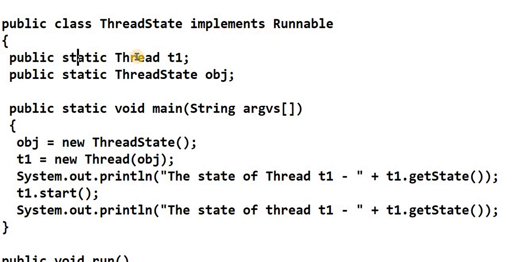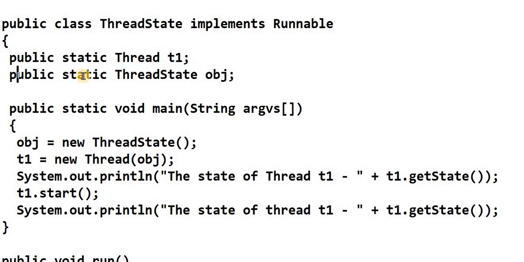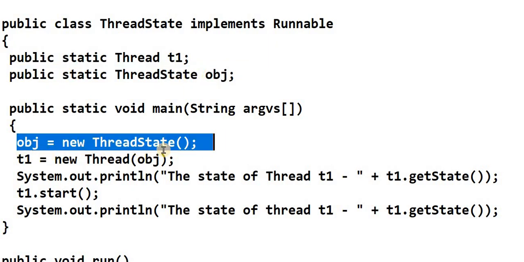Public static Thread t1, public static ThreadState obj. Here we are creating the object, and then using that particular object we are creating the thread. Link it to this line: public static ThreadState obj is equal to new ThreadState. So the obj object is created.